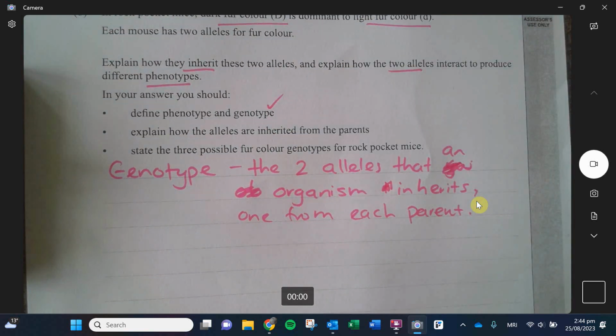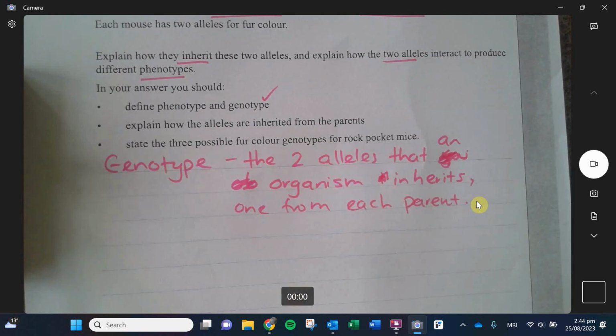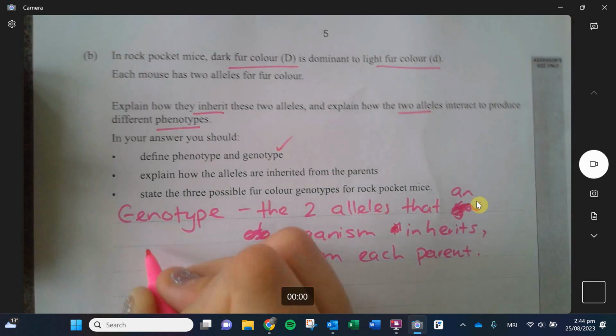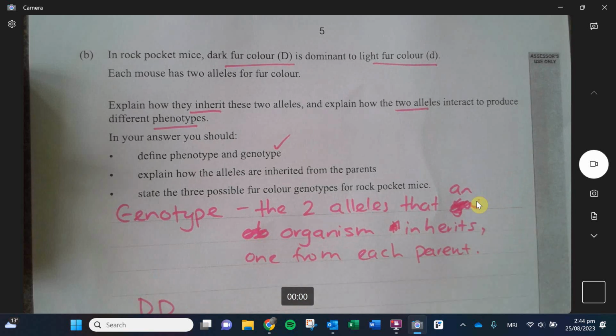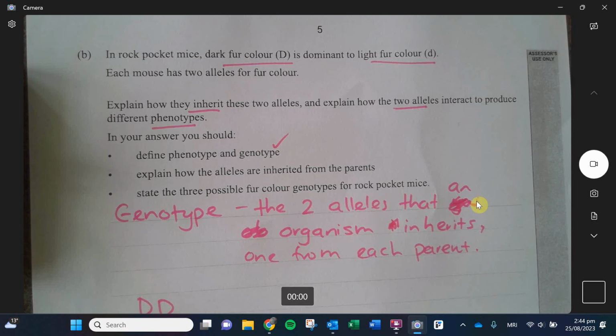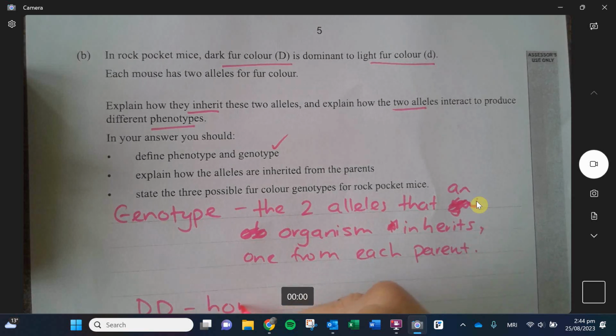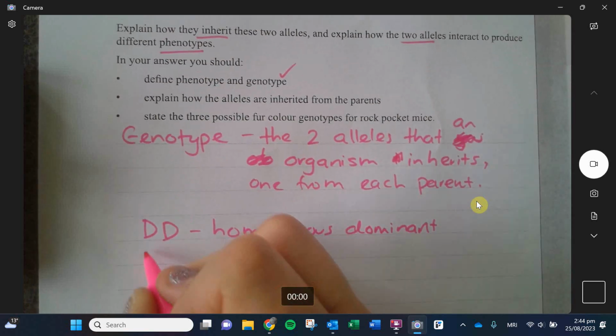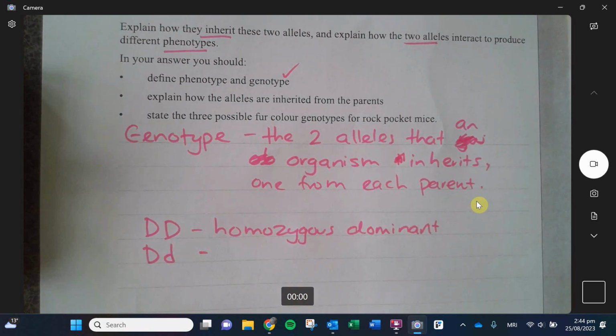When I think about my genotype, there are 3 possible genotypes that I could have. I could have capital D, capital D. Do you remember what that one is referred to? Homozygous dominant. What if I have big D and little d?